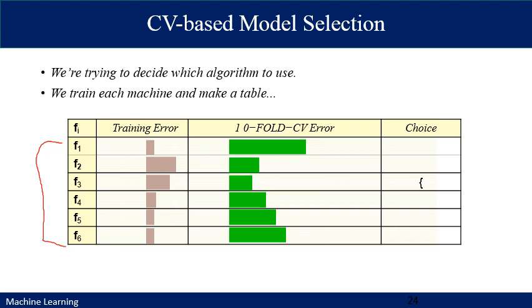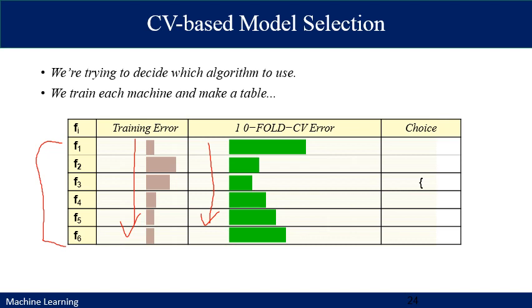So we will train each machine learning algorithm and make a table like this. We will report the training error for each model, and then we will report the tenfold cross validation error, so we can compare two different errors.